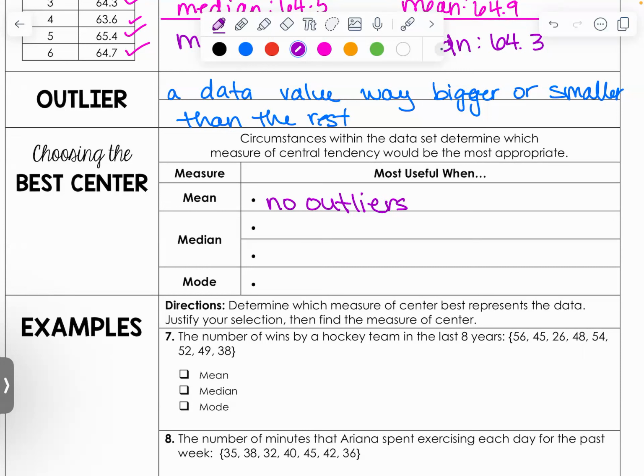So if we have outliers and the middle of the data doesn't have big gaps, then the median's the best.